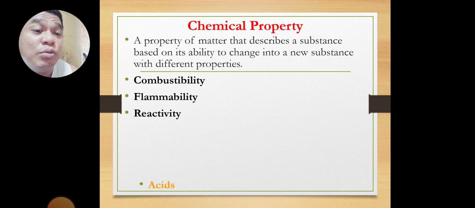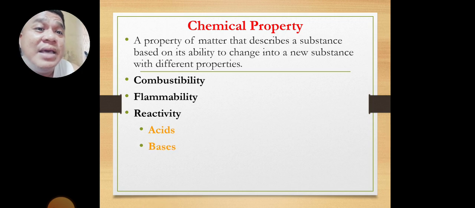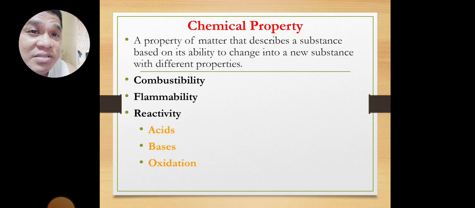So these are the three criteria. When it comes to reactivity, it's either in the form of acids, bases, and oxidation. Once that keyword is mentioned, surely a reactivity takes place and it belongs to chemical property.